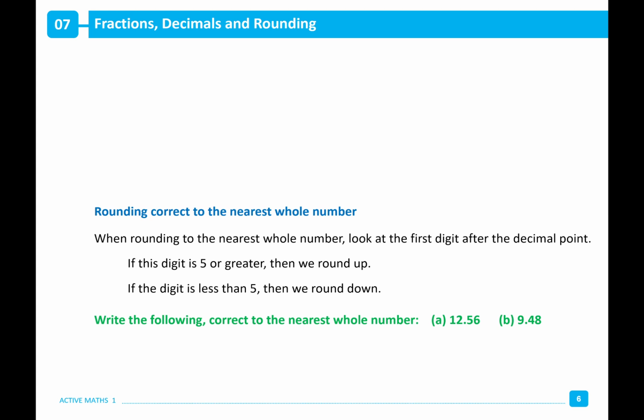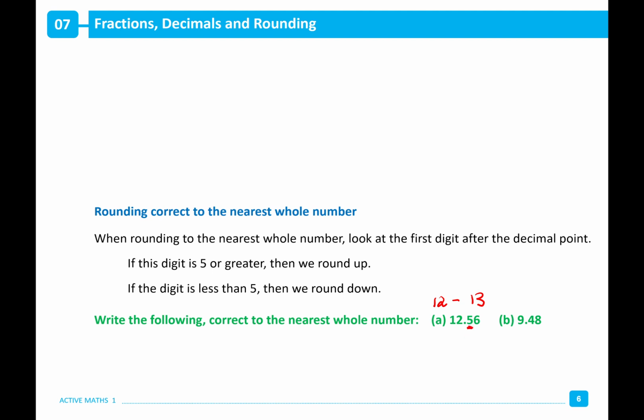Write the following correct to the nearest whole number. Let's look at 12.56. We want to see whether this number, 12.56, is closer to 12 or closer to 13. We look at the number after the decimal place.